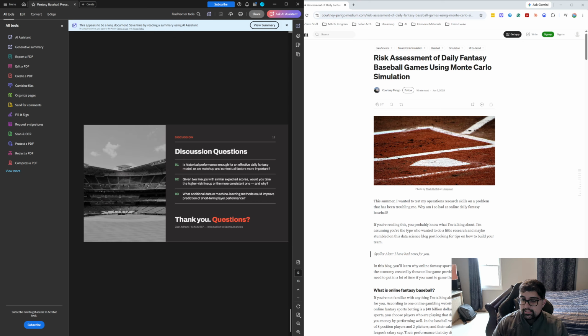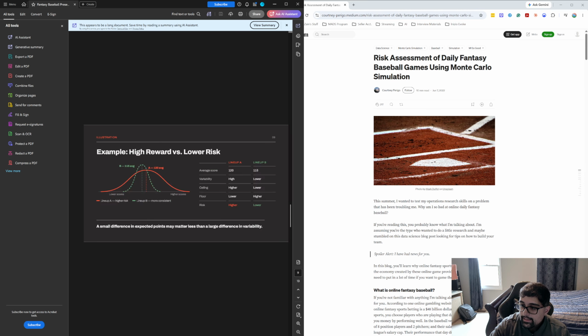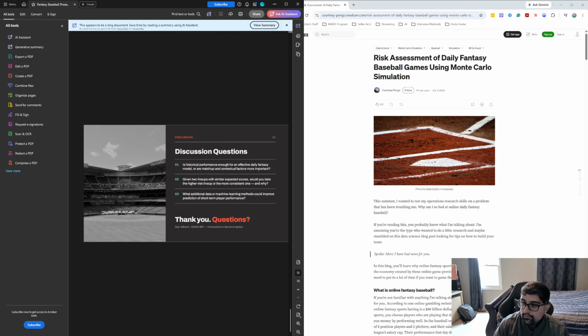The three discussion questions I want to pose: is historical performance enough for an effective daily fantasy baseball model? Given two lineups with similar expected scores, like we discussed in slide 9, would you take the higher risk lineup or the more consistent one, and why?